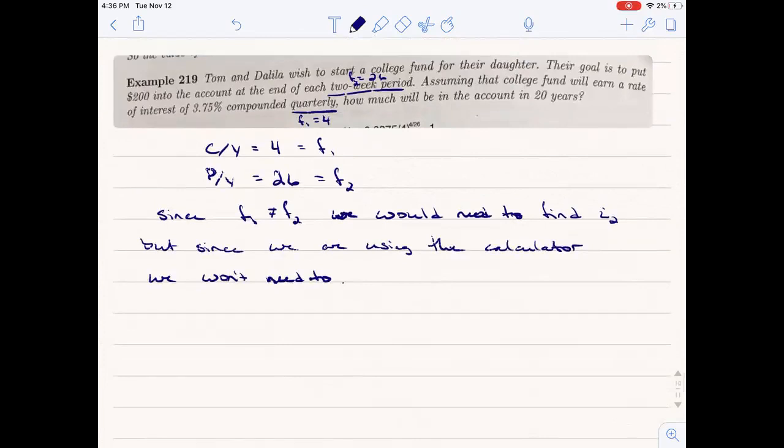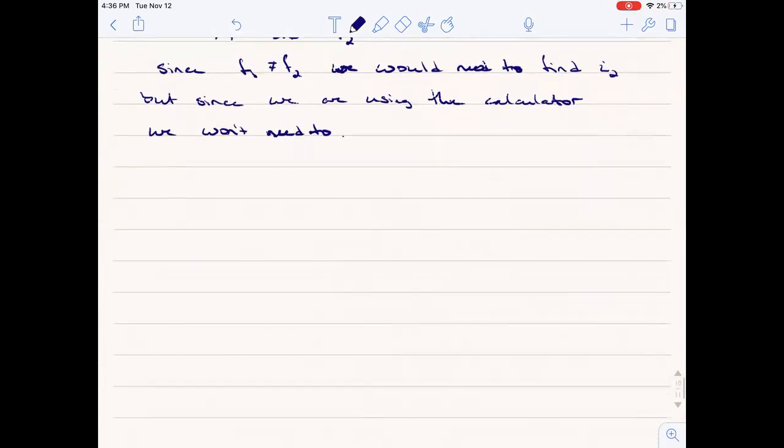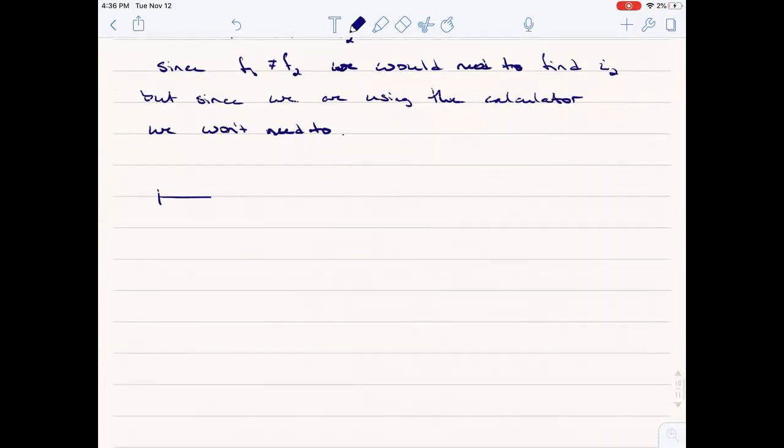So we still need a timeline though. Their goal is to put $200 into the account at the end of each 2-week period, and we've got 3.75% compounded quarterly. How much will be in the account in 20 years? They're going to start today and end in 20 years.